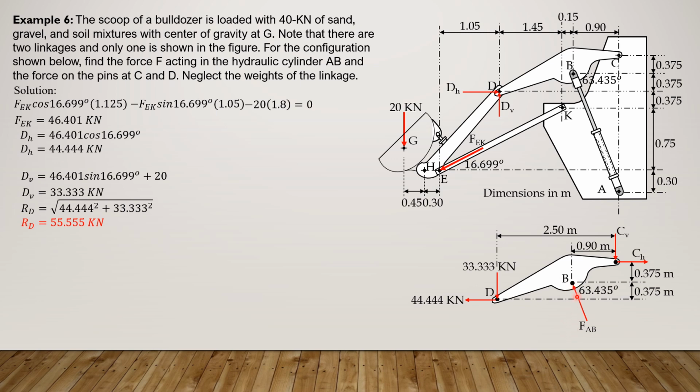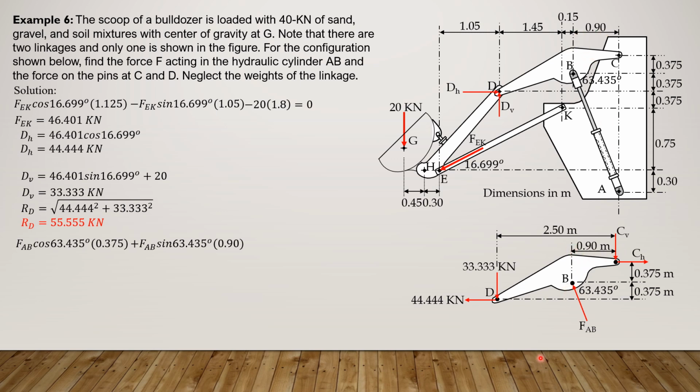If we want to solve for FAB, we sum up moments about C, and both horizontal and vertical components produce clockwise moment about C. So we treat clockwise as positive. That's also 63.45. For the horizontal component, FAB cosine of 63.45 degrees times 0.375, then plus FAB, the vertical component, sine of 63.45 degrees times moment arm 0.9.